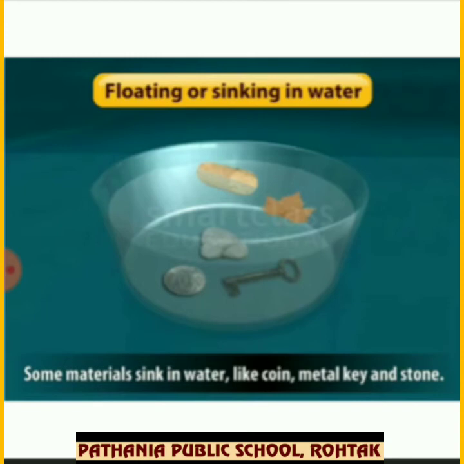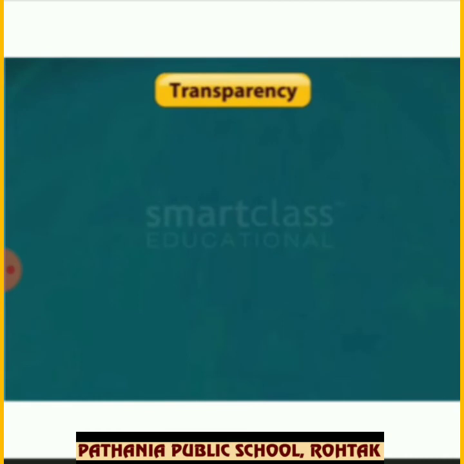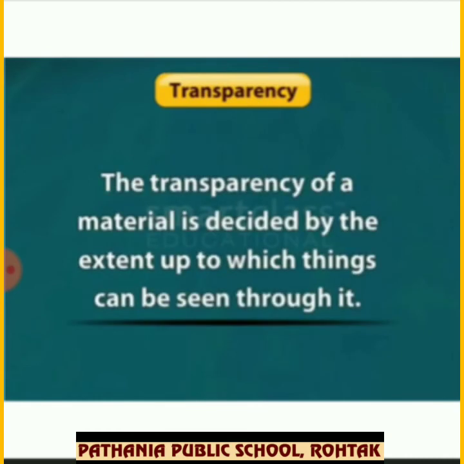Next is transparency, translucency and opaqueness. Means the property of material due to which we can see through it clearly, that is called transparency. Those materials through which we can see clearly are called transparent materials.